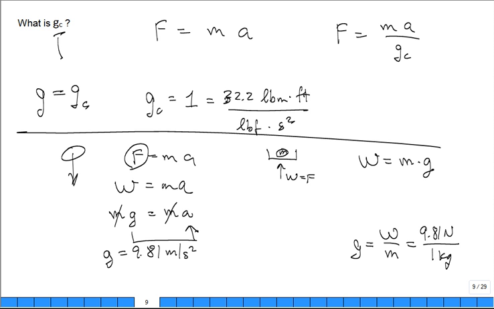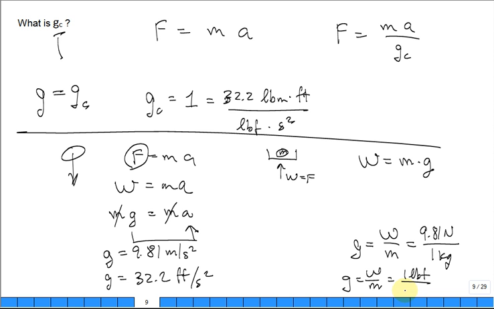True? Here's another one. If I let it go, and I like to talk about feet per second squared, I let it go and the acceleration is 32.2 feet per second squared, just like meters per second squared is acceleration. That's the same rate of acceleration, right? I come over here. If I put the weight on my scale, it measures 1 pound force.